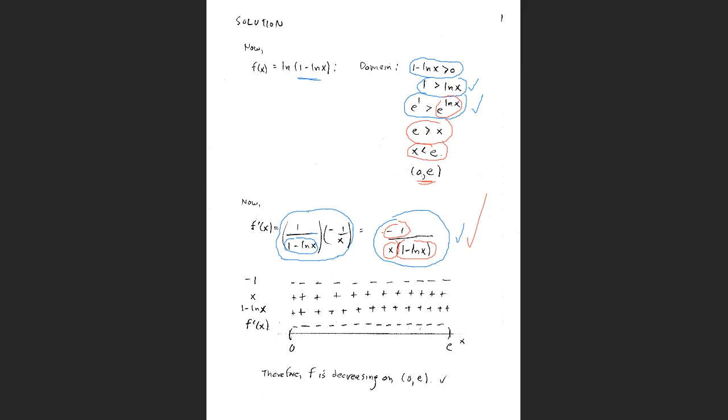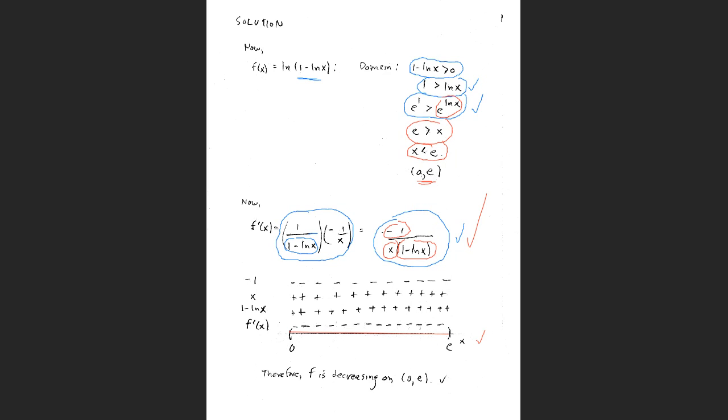So here's my axis. Okay, my domain. I mean, really what I'm drawing here is my domain, right? I mean, that's what I'm drawing. And the domain goes from 0 to e, but doesn't include the endpoints.